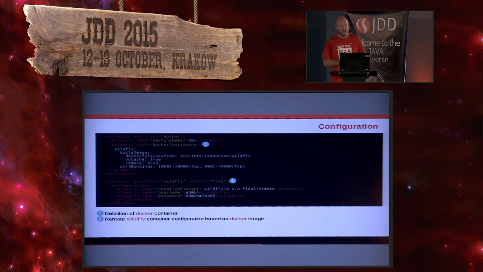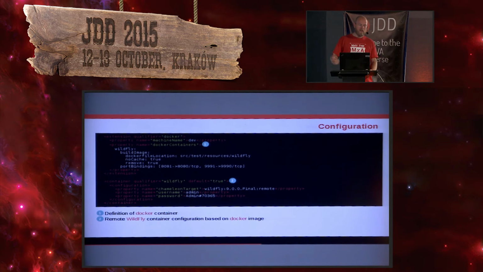And then comes the Kube container integration, which essentially says that if there's a Docker container with the same name as the container qualifier, which in this case is Wildfly, it will assume that that is the container that you're going to run. It will then bind that Docker container to the same lifecycle as the container.